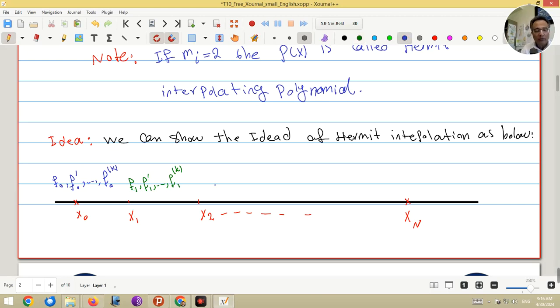And also here, for example, let me call it f2, f prime 2, and fk2. And we continue in the same manner until here I get fn, f prime n, and fk n. Okay?